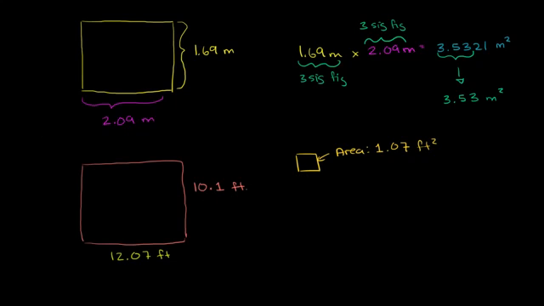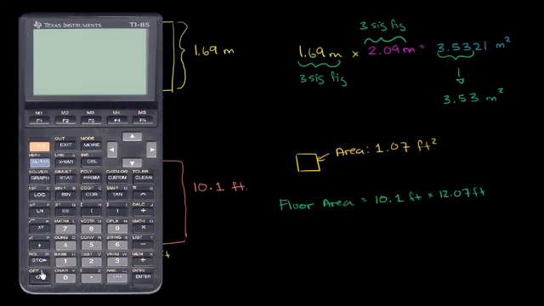And so the area of the bathroom floor, so floor area, is going to be equal to 10.1 feet times 12.07 feet. And so that will give us, let's calculate it.